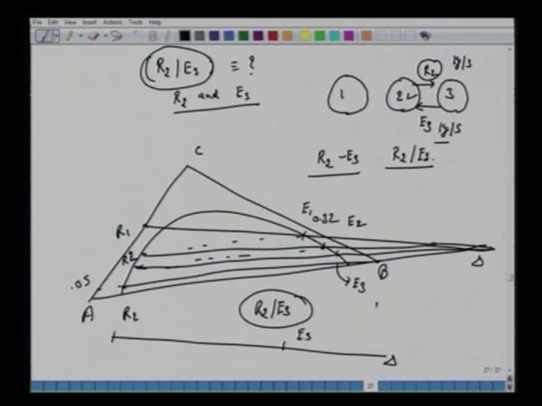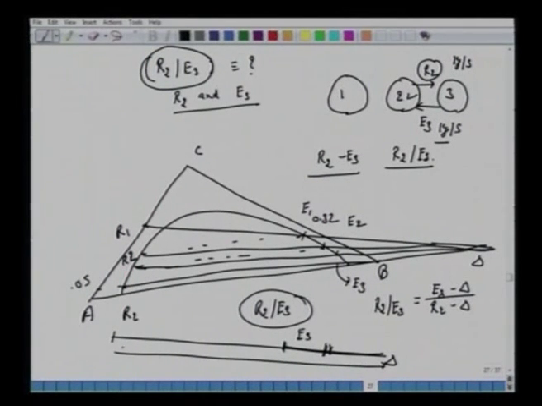So apply the lever rule, R2 over E3 equals the length of the segment R2 to del over the E3 to del segment. So take a scale and measure this. It's all linear here. Measure this length and measure this length, without any calculations. The ratio you should be able to obtain is 0.45.